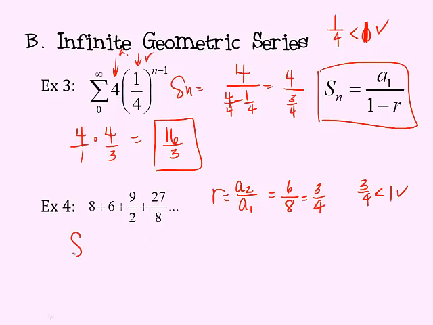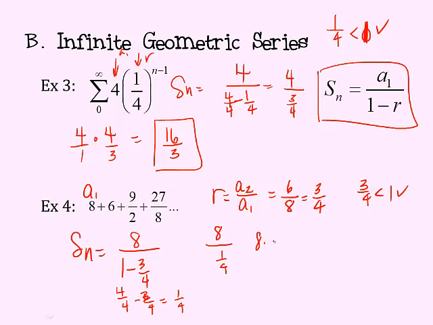Now I can use my formula. a sub 1 is 8 over 1 minus 3/4. Okay, 1 written as a fraction would be 4/4, right? Minus 3/4 is 1/4. So what I really have is 8 divided by 1/4. If I keep it, change it, flip it, it would converge to 32. Isn't that fancy?